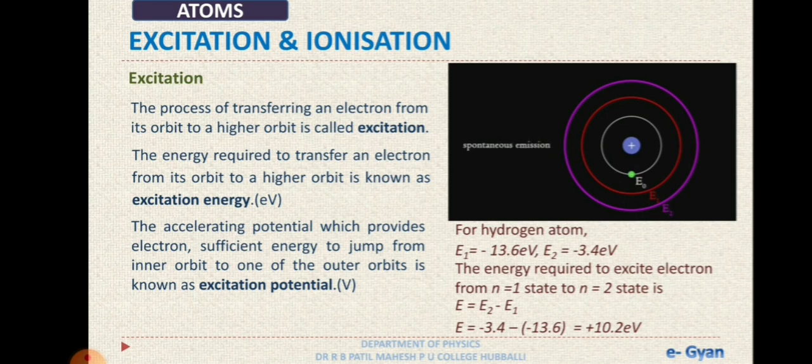This illustration will help us understand what we mean by excitation. The electron can also jump from first to third, first to fourth, first to fifth, and so on, and the corresponding energy required will keep increasing as the energy difference between the two orbits increases. This was excitation.